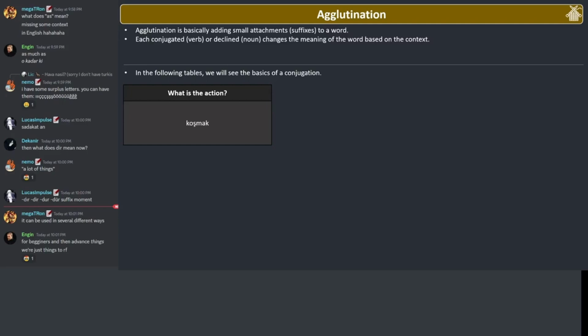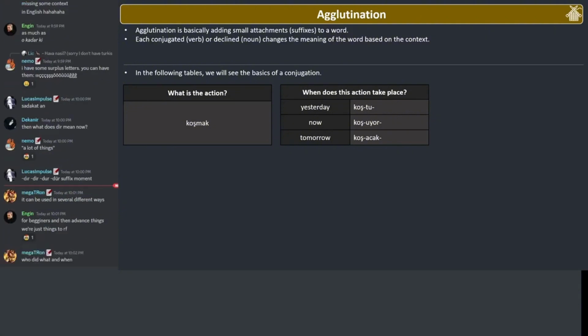In this example, the action is koşmak, to run. The second question you need to answer is, when does this action take place? Did it happen yesterday? Is it happening now? Or will it happen tomorrow, in the future? Depending on the answer, you will need to put different suffixes.